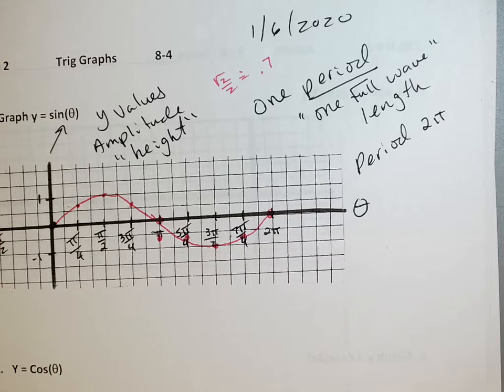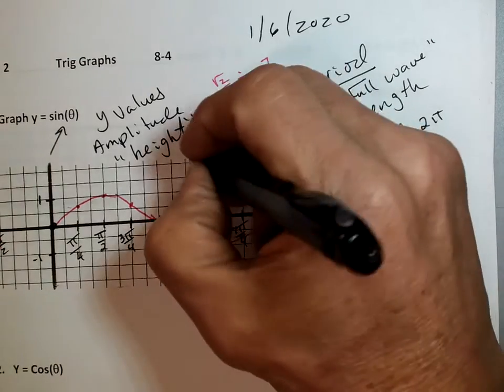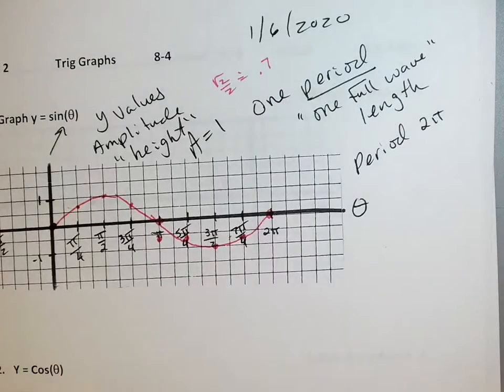Your wave is going to pitch you up to a height of 1, and it's going to pitch you down to a height of -1. The amplitude is not 2. The amplitude is 1, because you're at sea level. You're either going to go up to a height of 1, or you're going to come screaming down to the height of -1. Does that make sense? So the amplitude is 1. It's the height of the curve going up, or the height of the curve going down. But the amplitude of this is 1, okay?